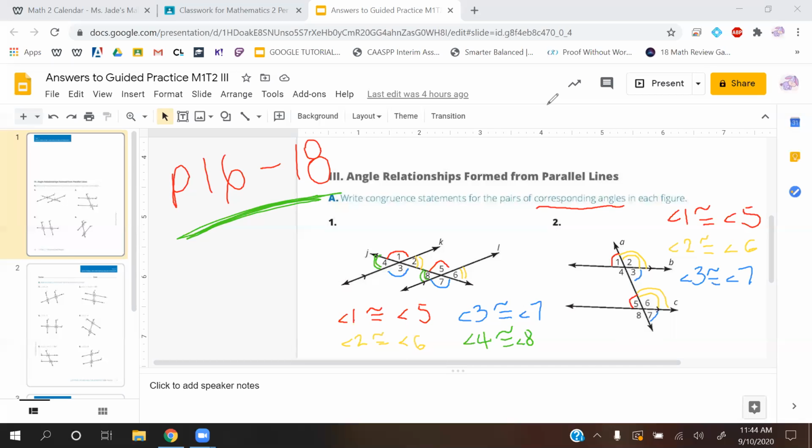Let me write it out first. Then we got measure of angle 4. I'm just writing angle 4 is congruent to, let's see, Alex. I want Alex to answer this one. Which one is corresponding to angle 4, Alex?